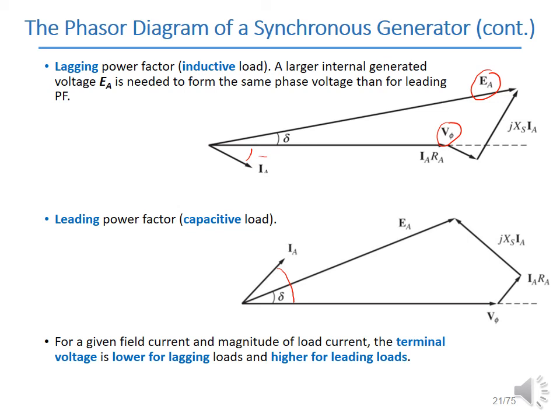And for the third one, it's possible that the internal generated voltage EA is smaller than the phase voltage.